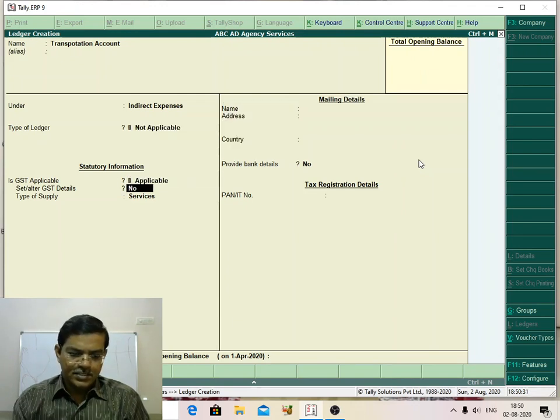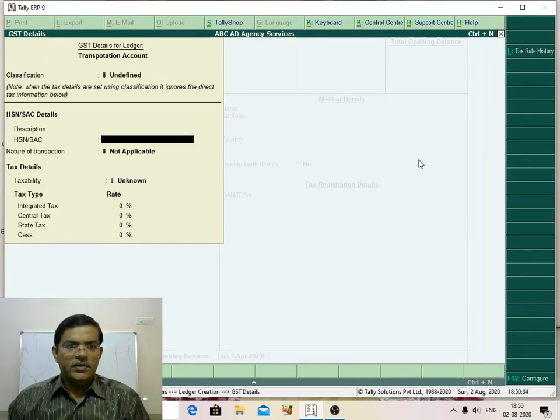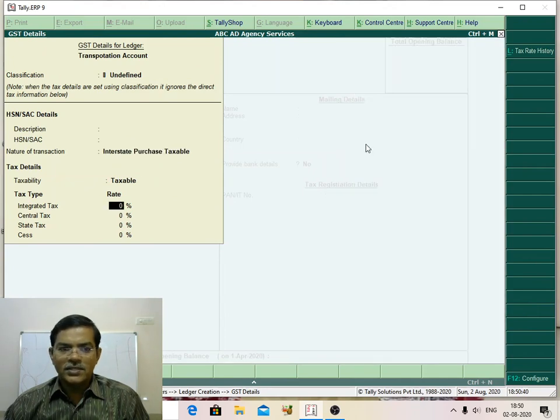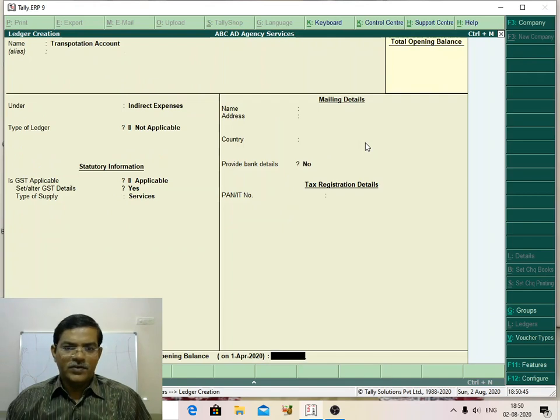GST is applicable, and for the nature of transaction I treated it as interstate purchase taxable, with the tax rate of 18%. That is the difference.